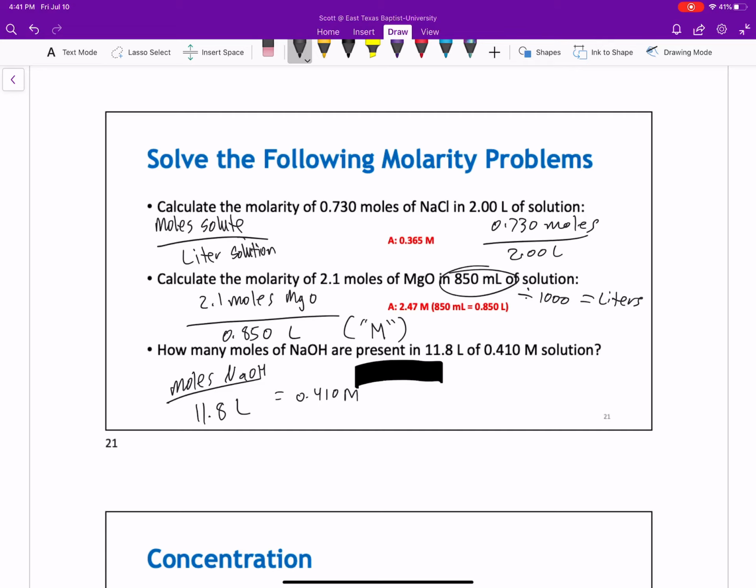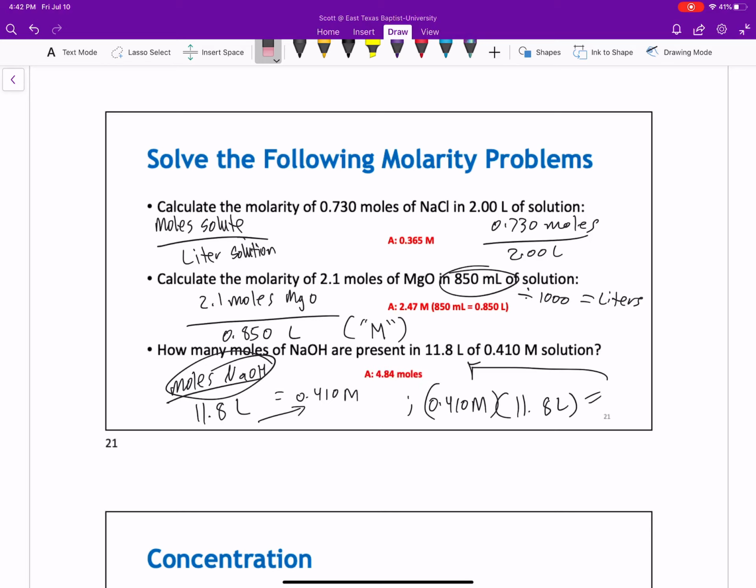And so we're just simply going to multiply that over there in order to isolate that term. So 0.410 molar times 11.8 liters equals whatever is behind the black box. There you have it, 4.84 moles.